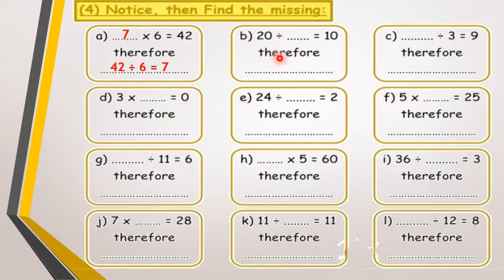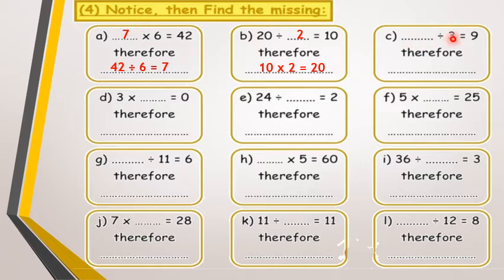Or I can say that I have two factors that give me 20, one of them is 10. When you divide 20 by one of these factors, it will give you the other factor. So 10 by 2 gives me 20. This means that 20 divided by 2 will be 10. 10 by 2 will be 20.